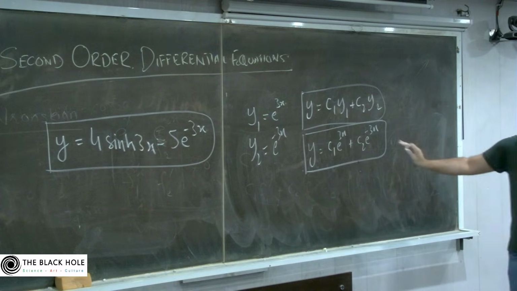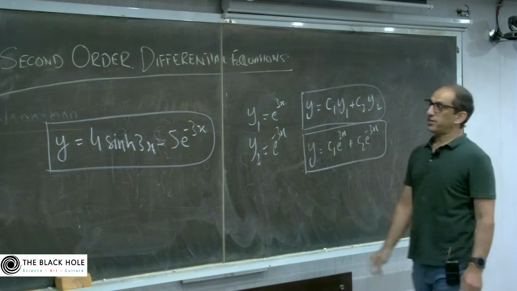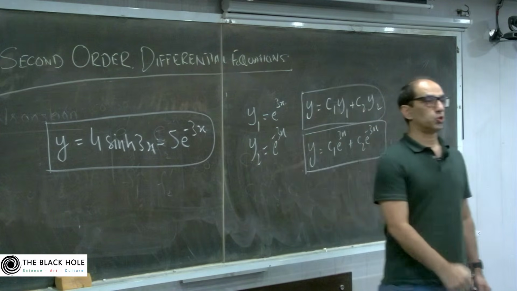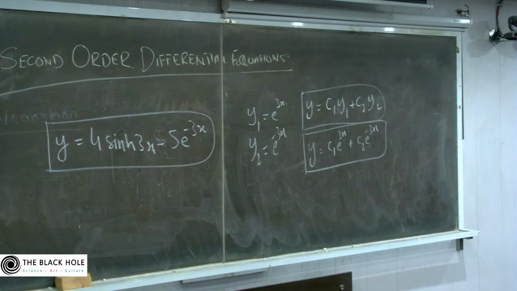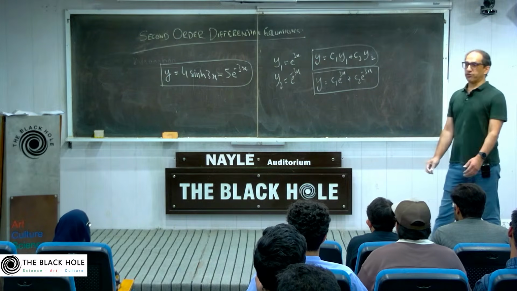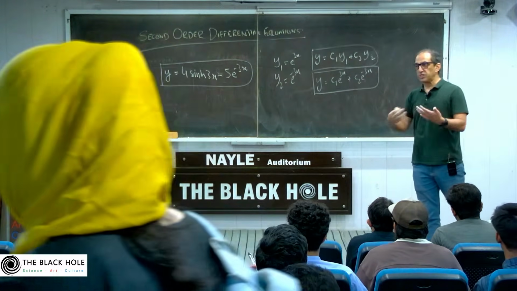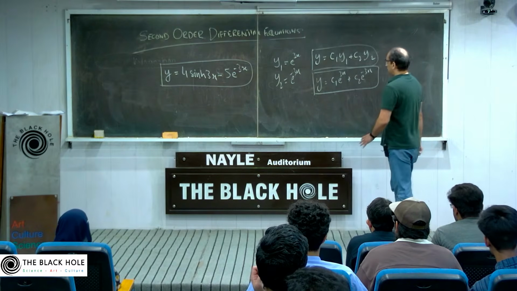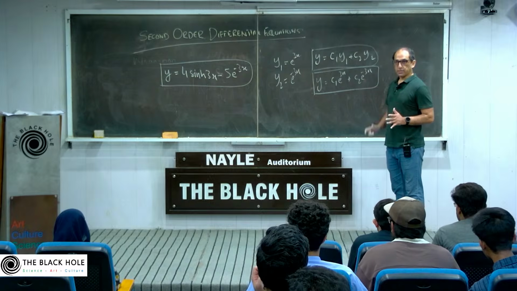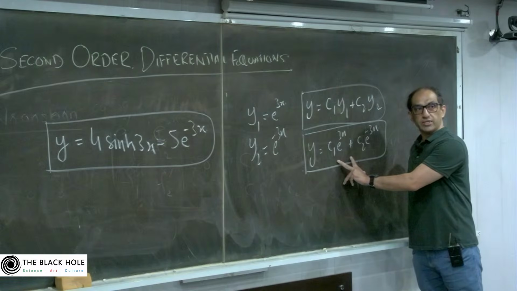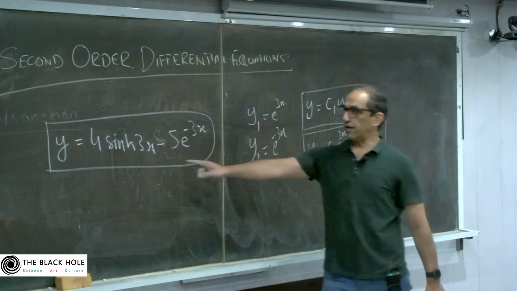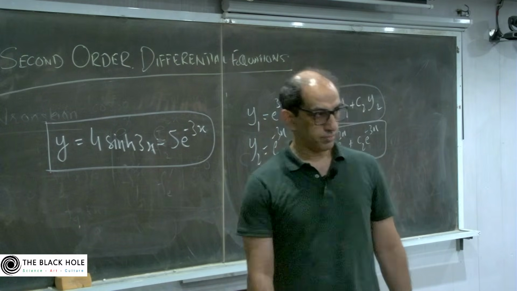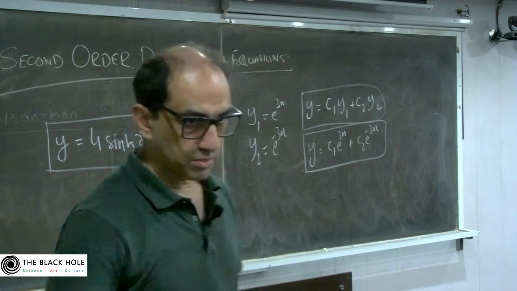So if this is the general solution, then tell me, how can I obtain this solution? Because by its very definition, a general solution is one from which all the particular solutions can be obtained. So it means essentially what I am being asked is, what is this choice of C1 and C2 that will give me this particular expression? Yes, this is a solution, that is also a solution.